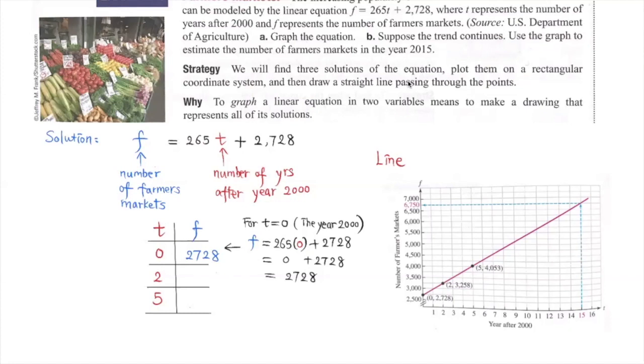What about when T equals 2, which is 2 years after 2000? We substitute 2 for T, do a similar calculation, and it turns out to be this number. And for the year 2005, which is 5 years after 2000, the number of farmers markets will be this.